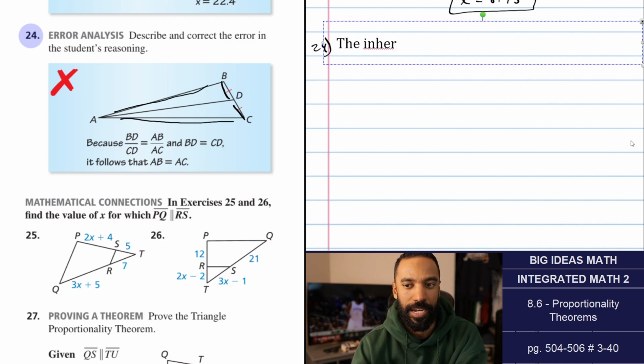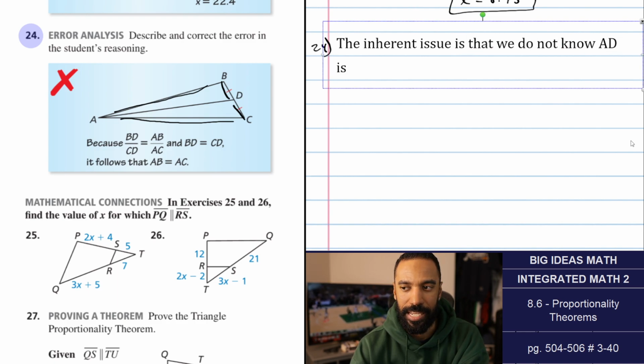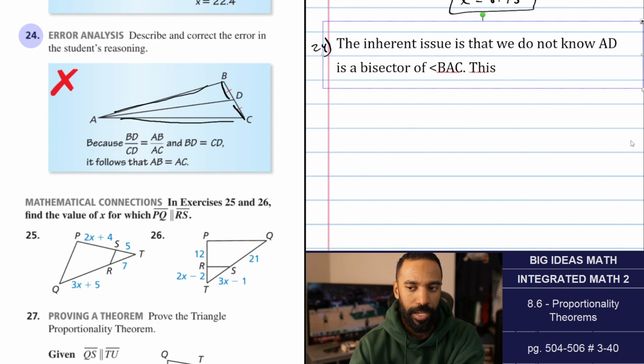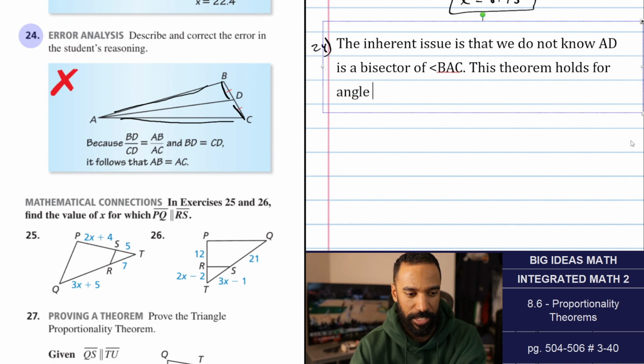The inherent issue is that we do not know AD is a bisector of angle BAC. This theorem, and I forget the theorem's name, unfortunately, holds for angle bisectors only.